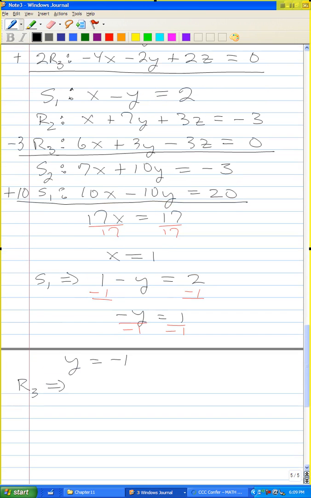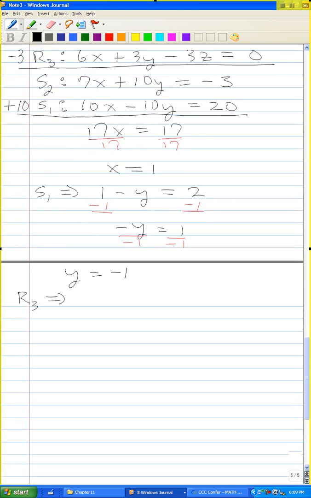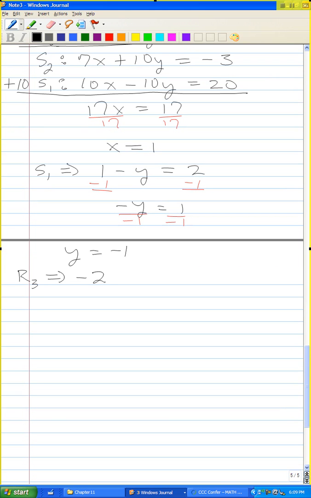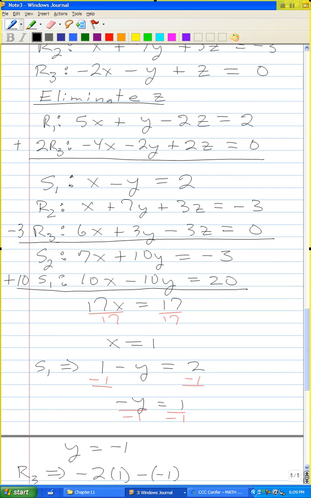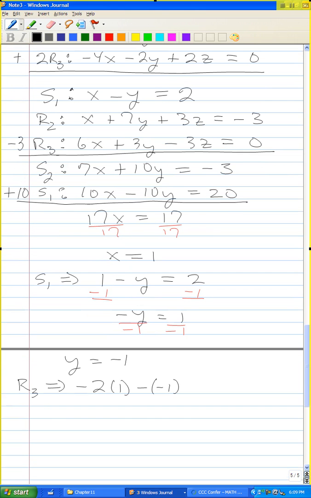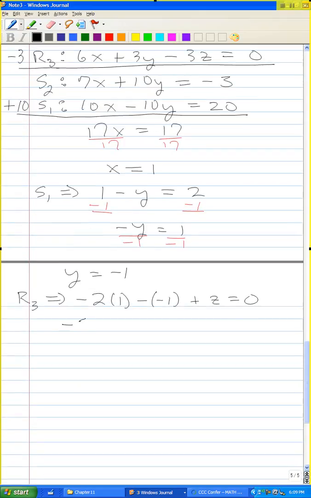And so R3 says negative 2x minus y plus z equals 0. And so negative 2 plus 1 plus z is 0.